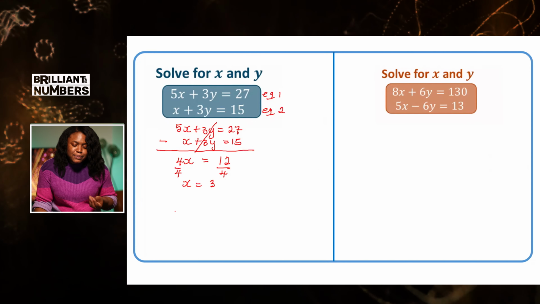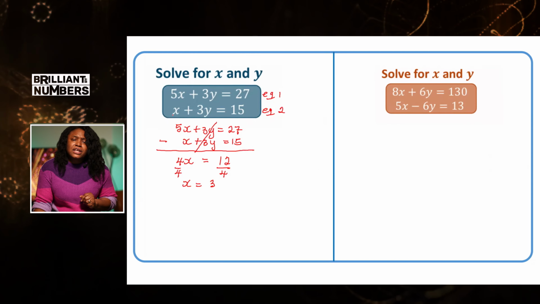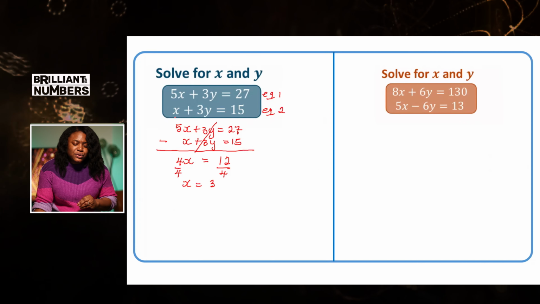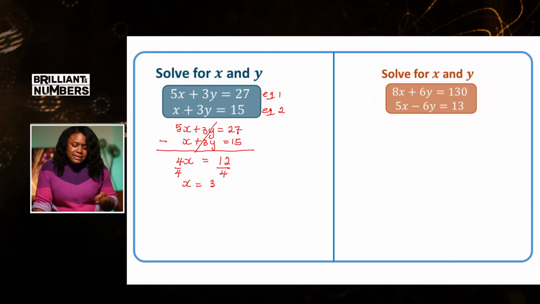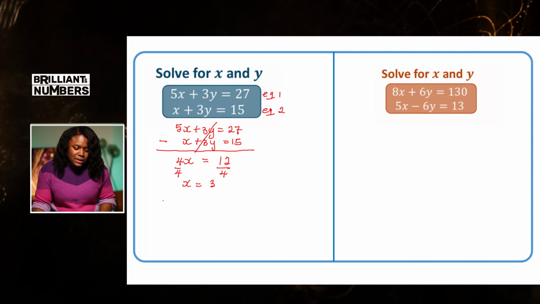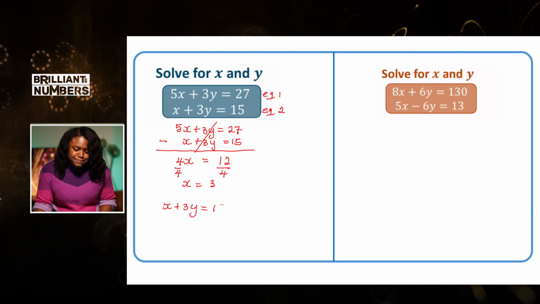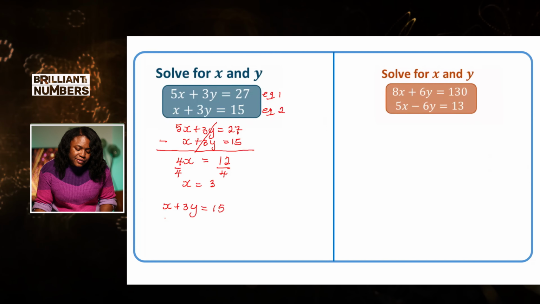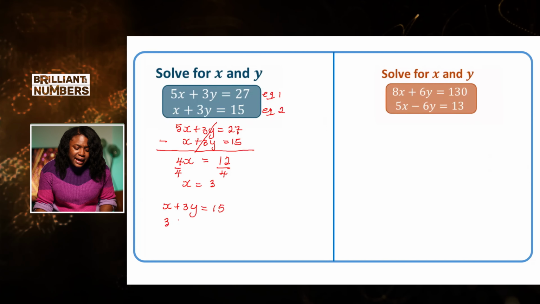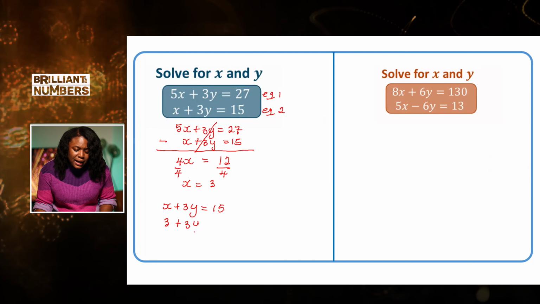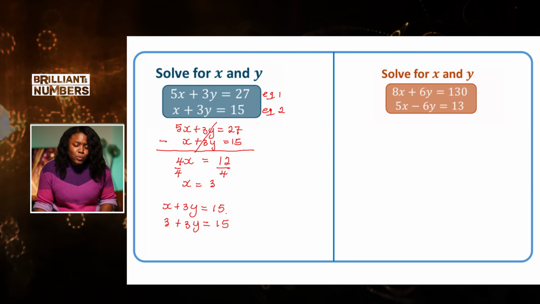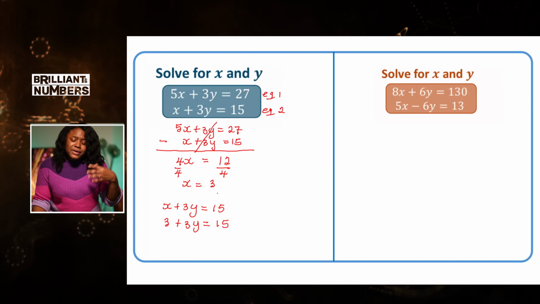Now I need to substitute that in any one of the equations, whether 1 or 2. I can see it's easier to substitute in the second one. So x plus 3y equal to 15. I know x is 3, so let's go ahead and put 3 here, plus 3y equal 15. Now we've just done this before, rearranging.